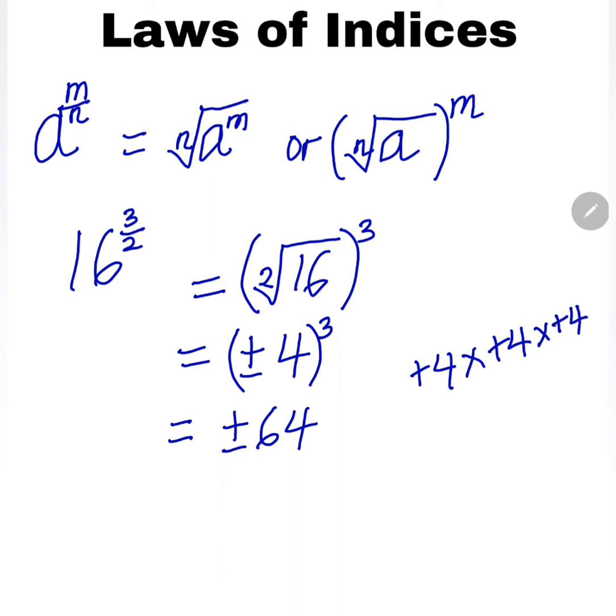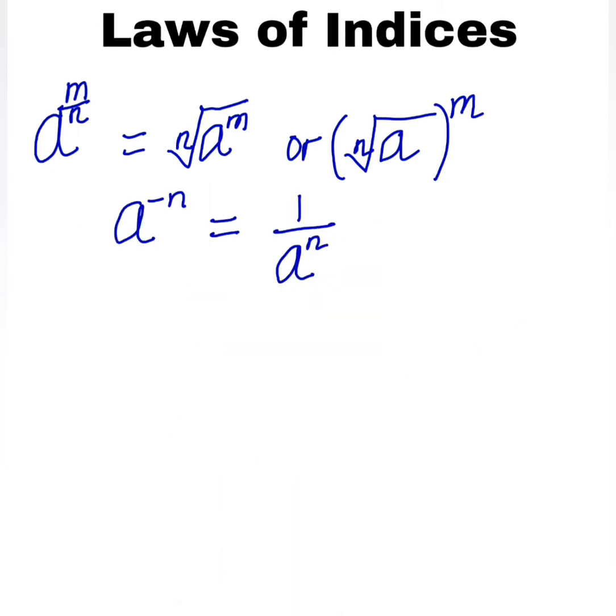Then the same thing if you do negative 4 multiplied by negative 4 by negative 4, you are going to get negative 64. So the answer here is plus 64 or minus 64. That's 2 answers.